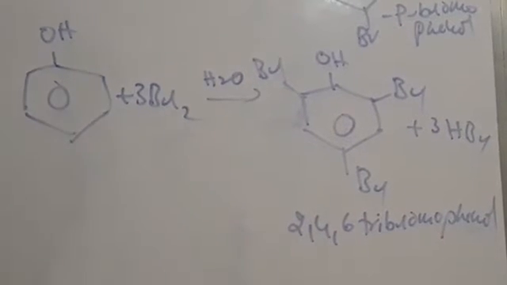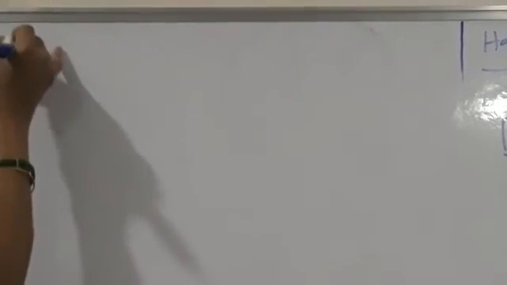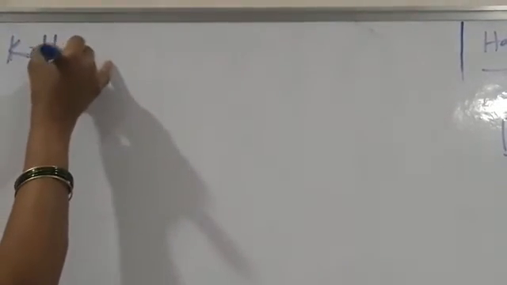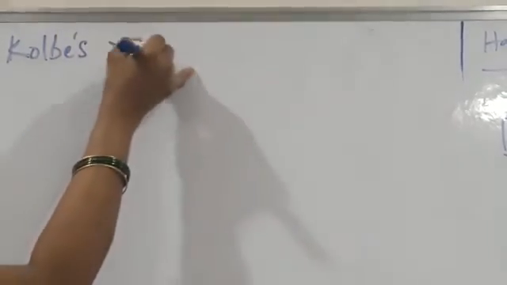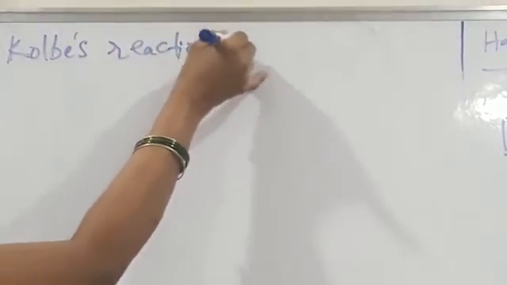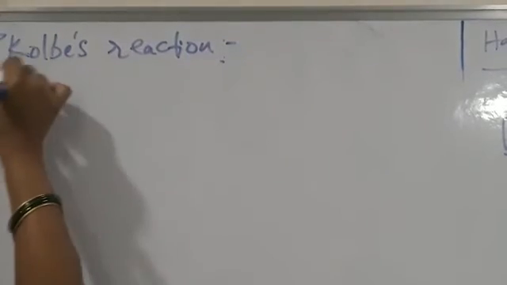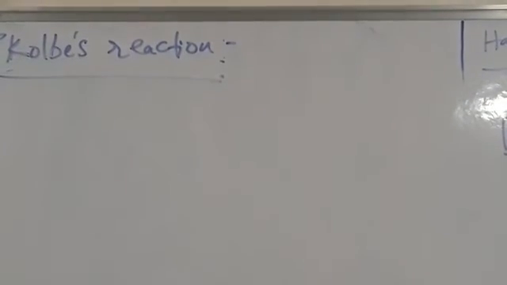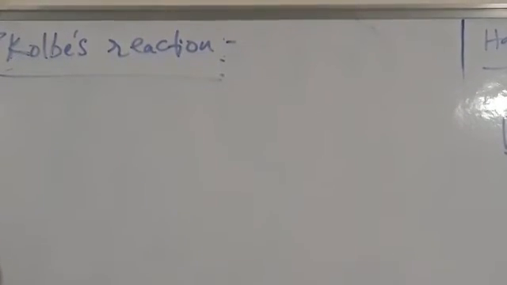Next, another important reaction is the Kolbe reaction. This is a very important reaction. Here, phenol first undergoes reaction with sodium hydroxide, and then we get sodium phenoxide.